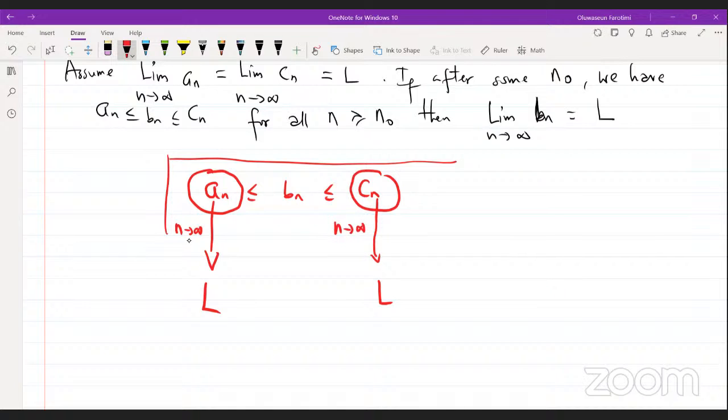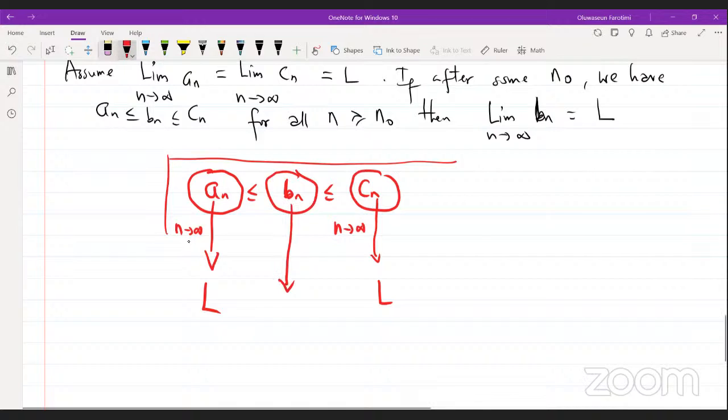Remember, we have AN less than or equal to BN less than or equal to CN. The two extremes approach the same limit. What does it tell me about the one in the middle? It only speaks one language: this one would also converge to L.